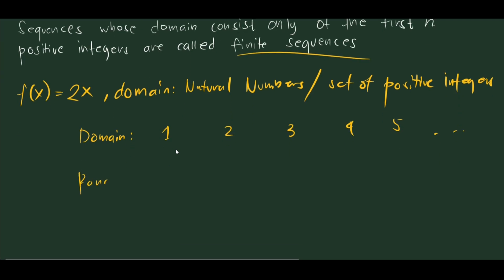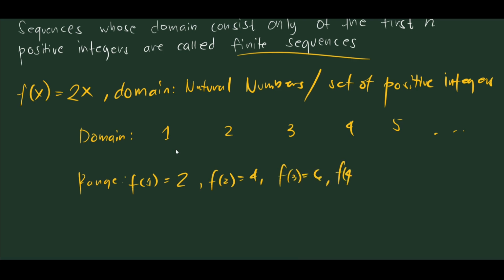In our range, what do we have? f of 1 is equal to 2, because we have 2x. Then f of 2 is equal to 4, f of 3 is equal to 6, f of 4 is equal to 8, and f of 5 is equal to 10, and so on.